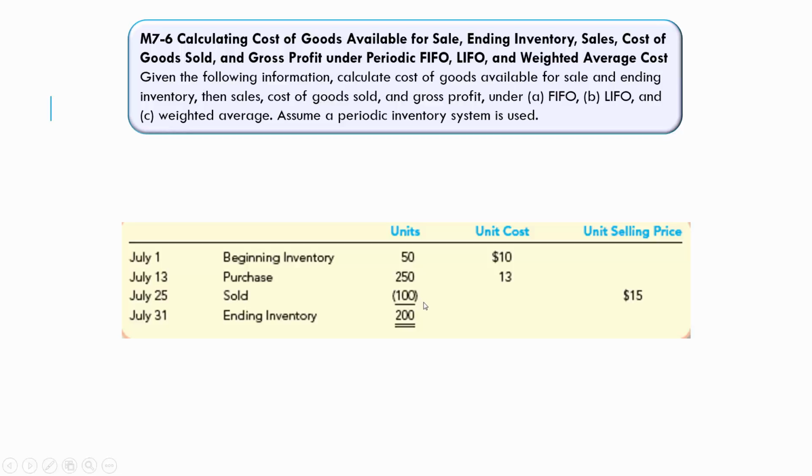And as I've said before, the selling price at this point is not too relevant when we're just trying to figure out how much we're going to have in value for cost of goods sold and for ending inventory. The selling price is not relevant. Now the selling price is relevant if we go in and we create our income statement, because the selling price times the number of units would give us our total revenue.